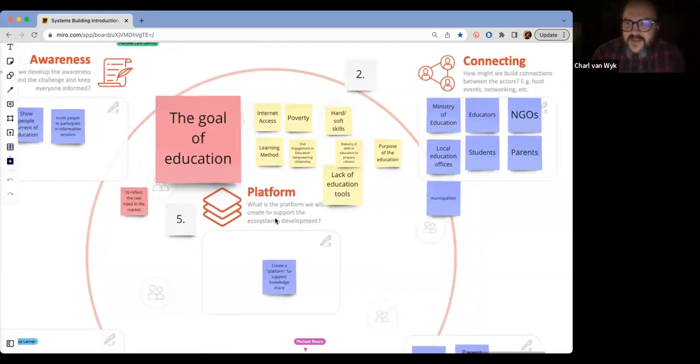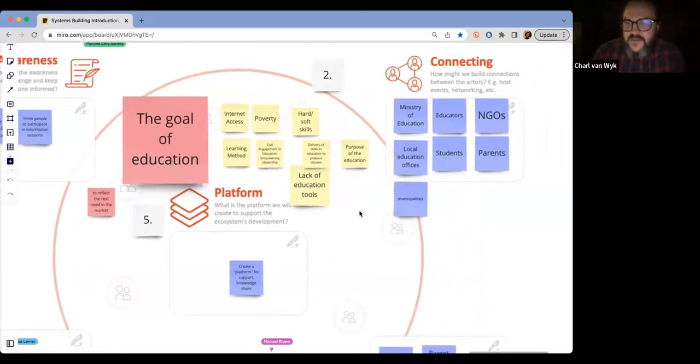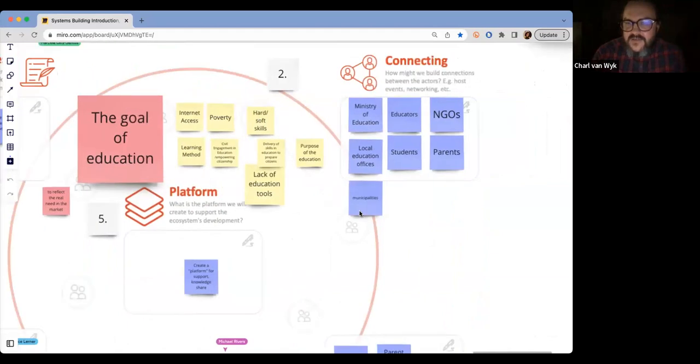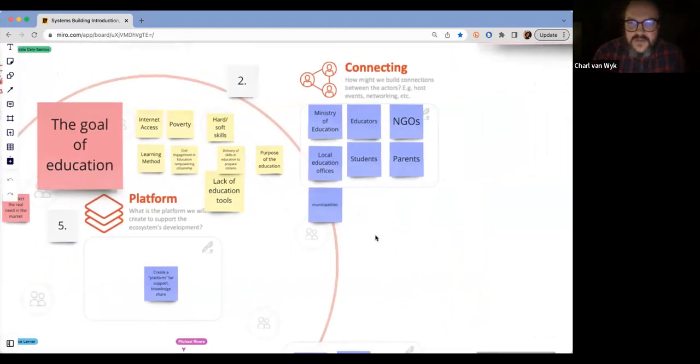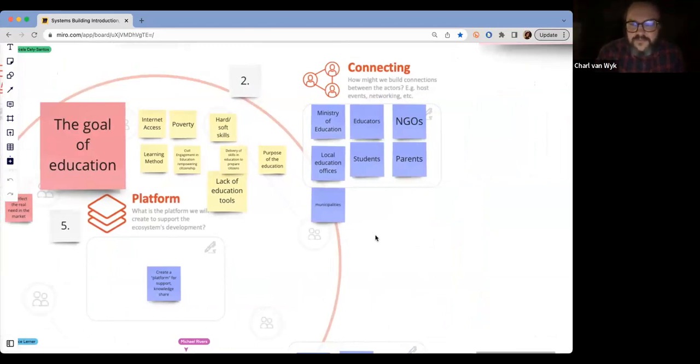We defined a few actors we potentially see if we look at high school students specifically: the Ministry of Education, educators, NGOs, local education officers, students, parents, municipalities depending on the structure, and the broader community.